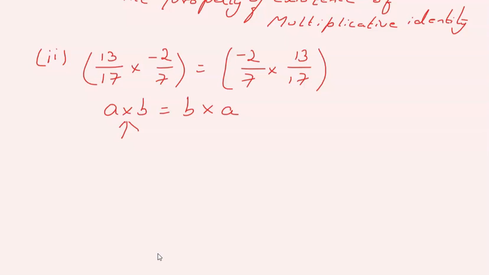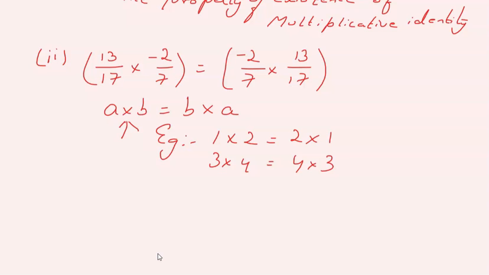It says that when a is multiplied by b, it is nothing but b into a. That is, both are same. For example, 1 into 2 is equal to 2 into 1, or 3 into 4 is equal to 4 into 3. These both are same. 12 is equal to 12 and 2 is equal to 2.